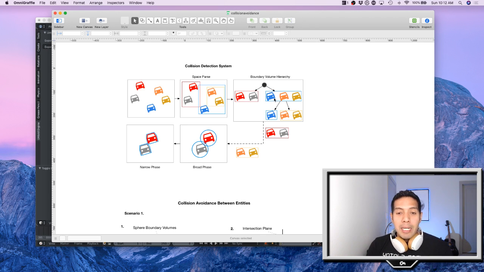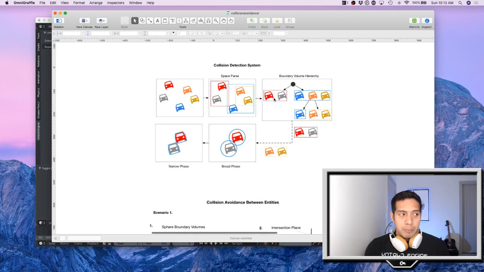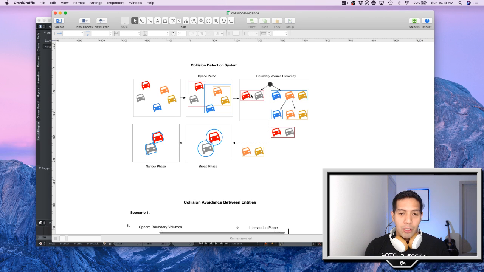And basically what it does is it combines any entities that are close to each other. So for example, these two cars are very close to each other, so it will add them into a particular node in the tree.